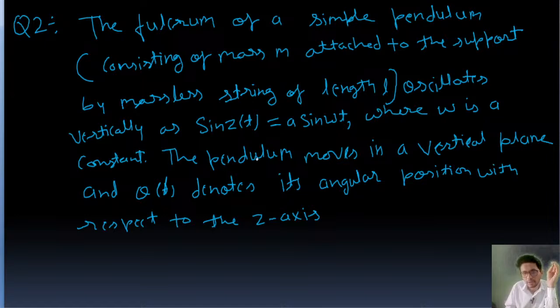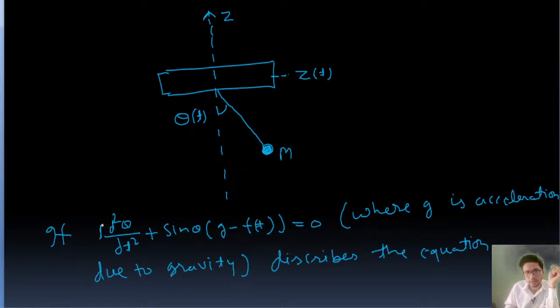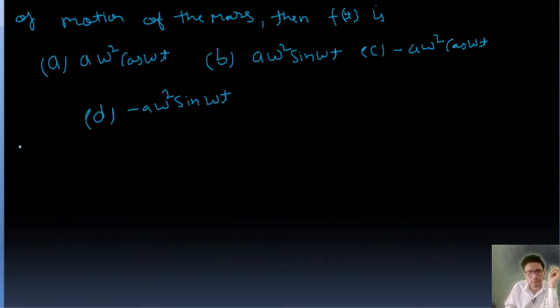The pendulum moves in a vertical plane, and theta t denotes its angular position with respect to the z axis. If L d square theta upon dt square plus sin theta times g minus f t, f which is a function of t, equal to 0, where g is the acceleration due to gravity, describes the equation of motion of the mass, then f t you need to find out.